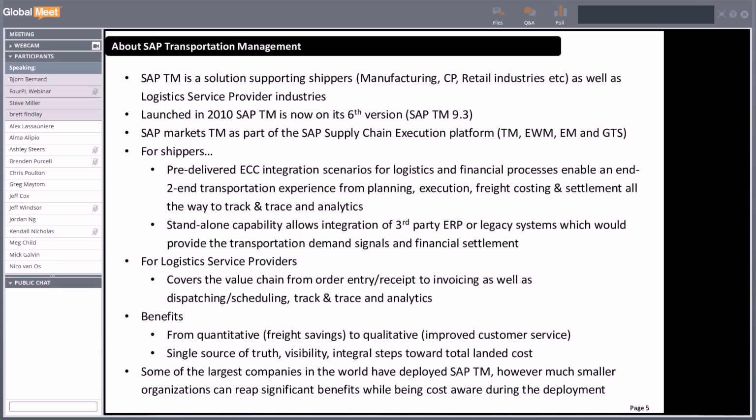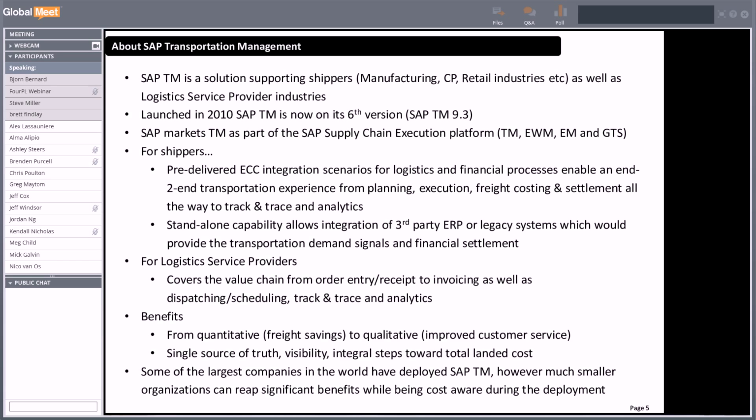For logistics service providers, on the other hand, the TM system really has the flair of an ERP system. It really will become their order entry system or order receipt system if they receive orders from their customers via electronic B2B environments, for example.